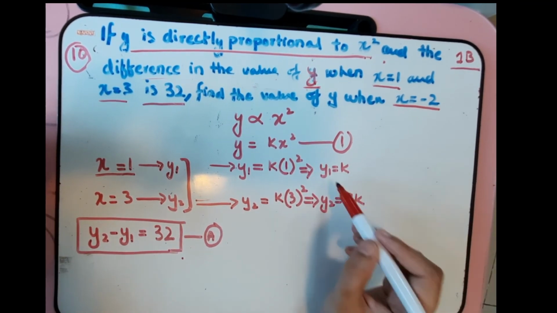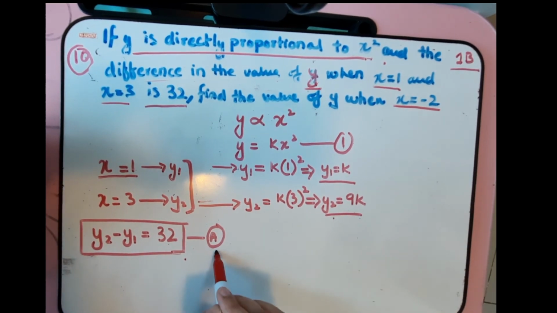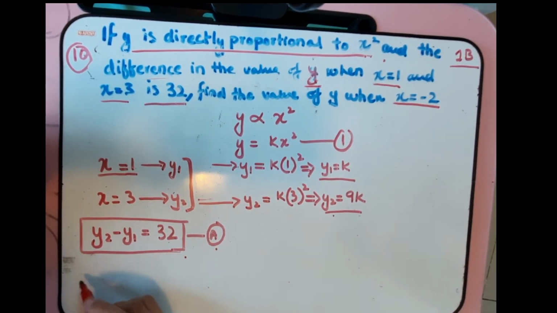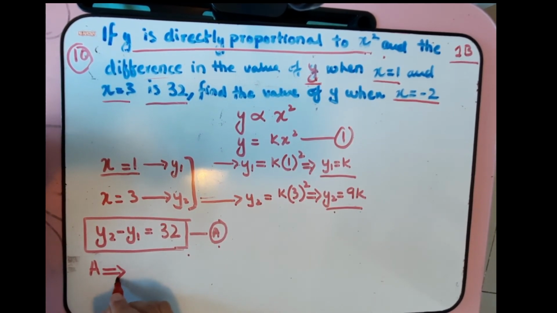Now we know the values of y1 and y2 and we can use these two values in our given equation to find the value of k.